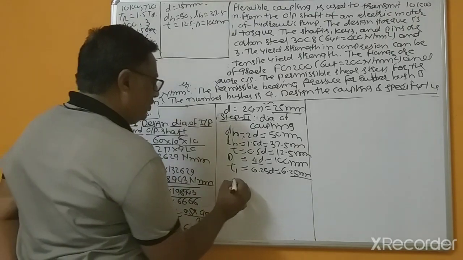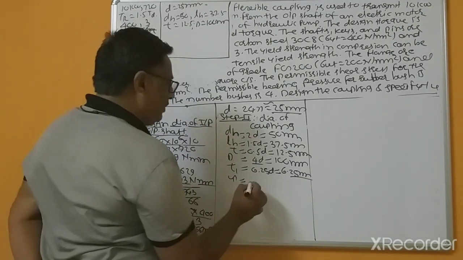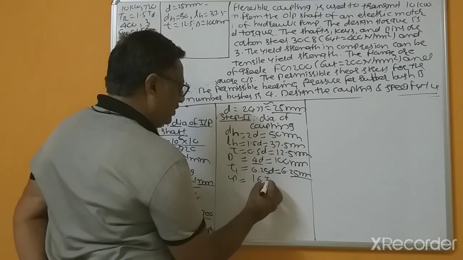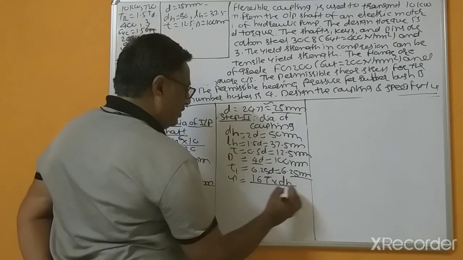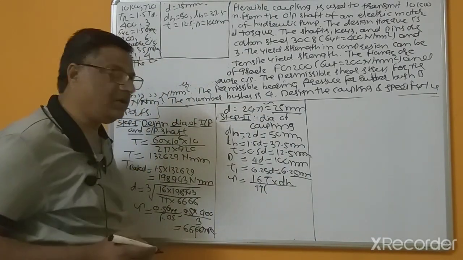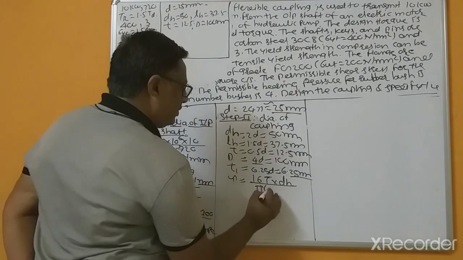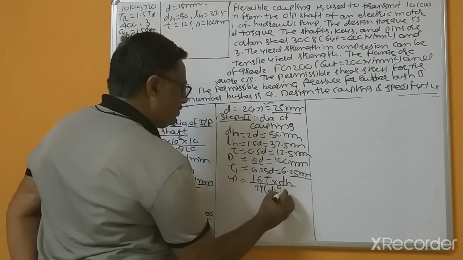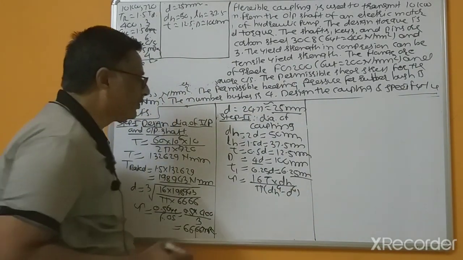Right now, for checking purposes, tau equal to, what is the formula? 16 T multiplied by DH divided by pi. So here is the design of the hub, DH raised to 4, D raised to 4. So this is in hub.